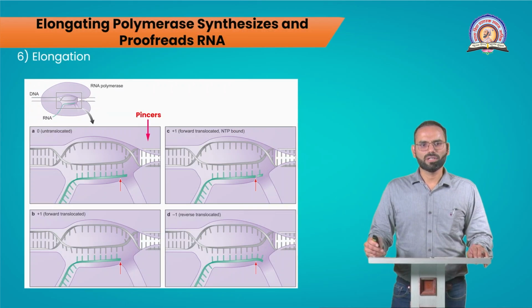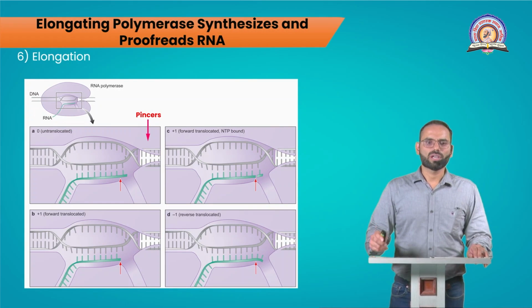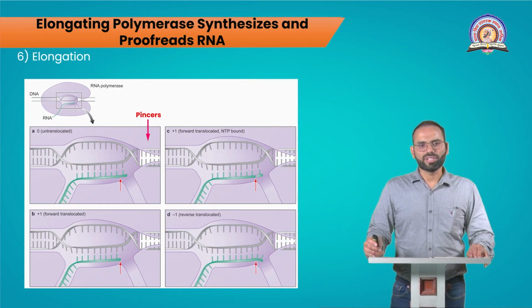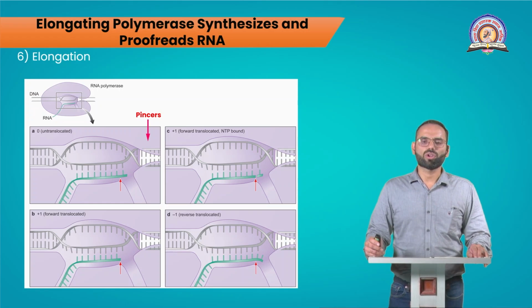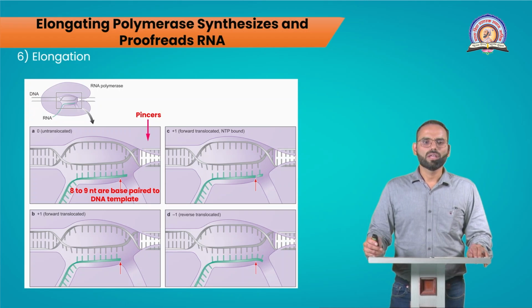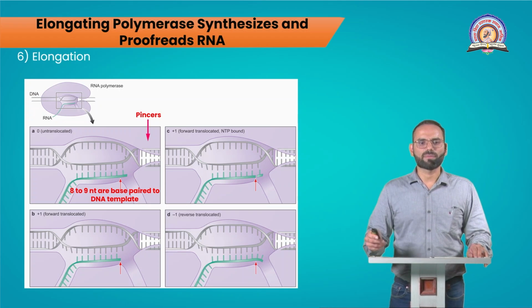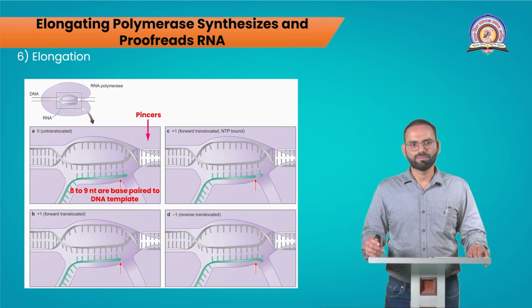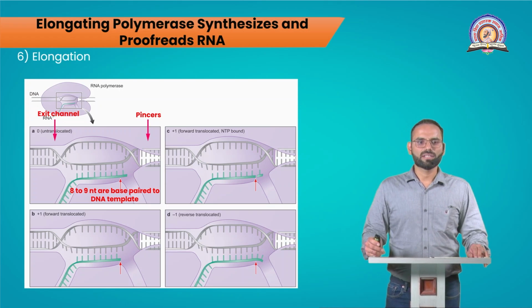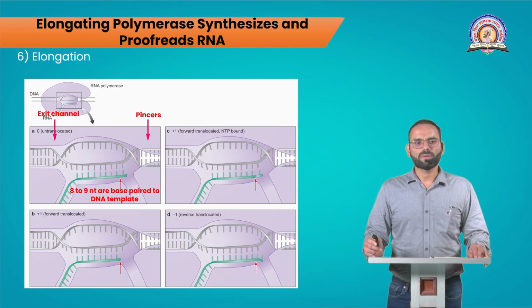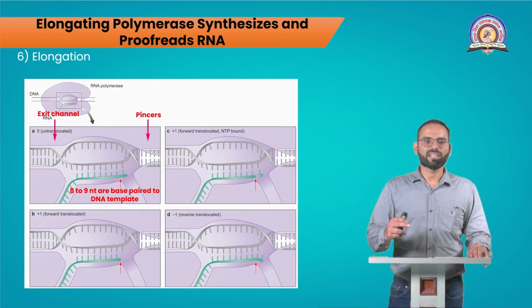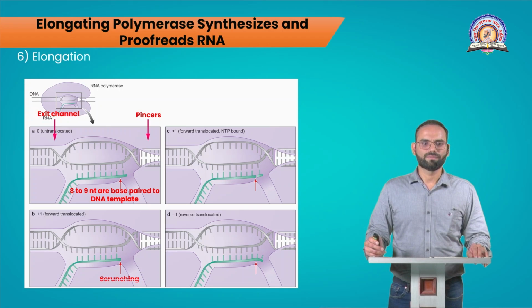If you see here, these are the pincers where the DNA molecule enters into the core of the RNA polymerase complex. And only 8 to 9 nucleotides are base paired to the DNA template here. As soon as the RNA is formed, the used template is catenated just at the exit channel of the RNA polymerase. So this is a scrunching model.